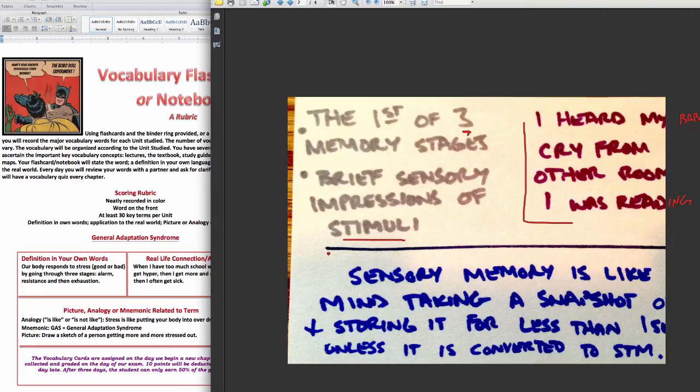And then finally, I did an analogy for this one. It says sensory memory is like the mind taking a snapshot of stimuli and storing it for less than 1 second unless it is converted to short-term memory. STM is an abbreviation for short-term memory.